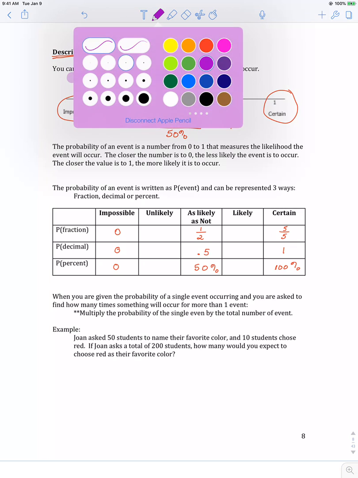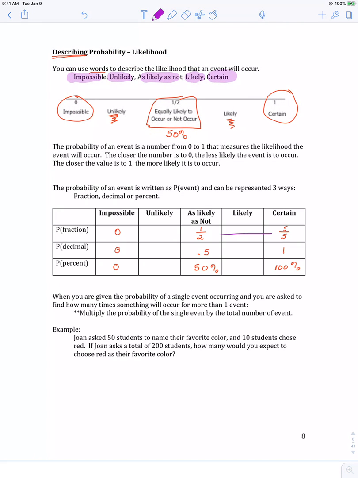Now, likely and unlikely is a range. For likely, it's in between 1/2 and 100. So if you have any number between 50 and 100, like 51 or 70 or 75 or 99, any chance that it's in between 50 and 100, you would say likely.